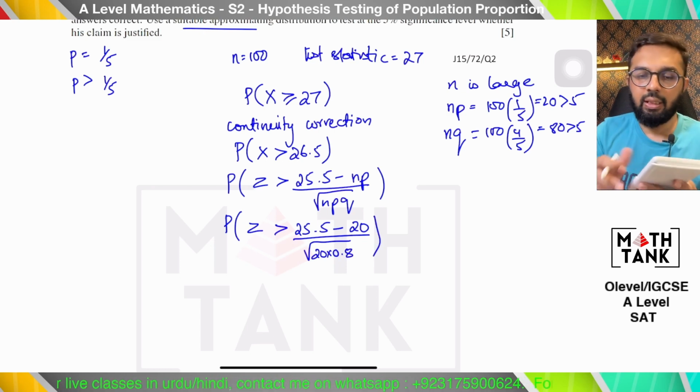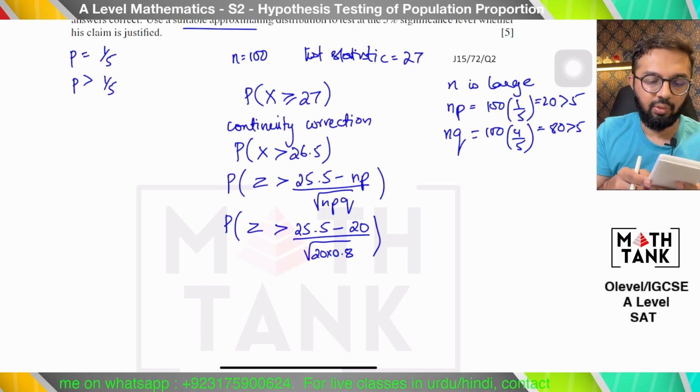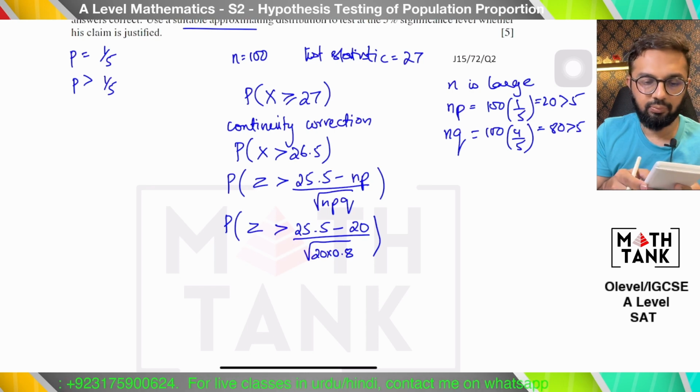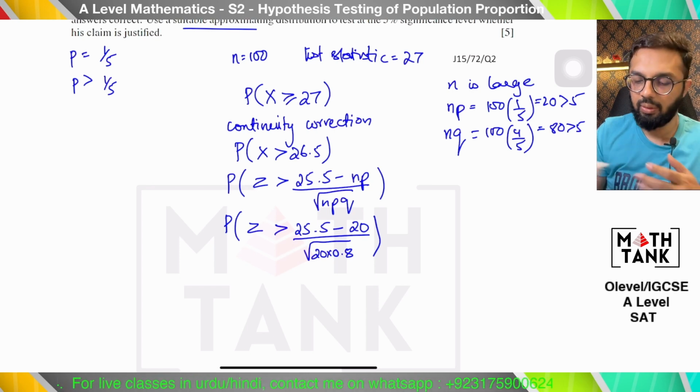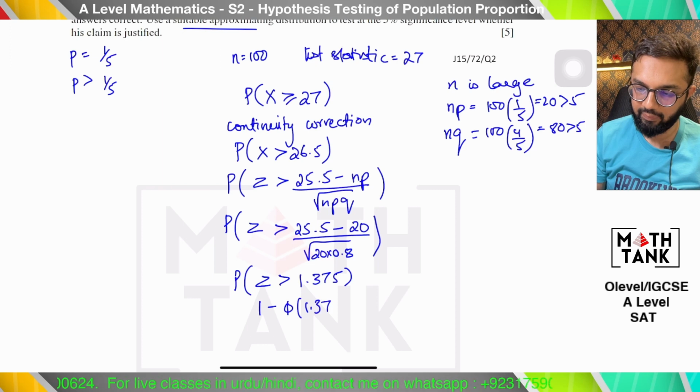Okay, let's do that on our calculator. 1.375. Probability of z greater than 1.375. 1 minus phi of 1.375.